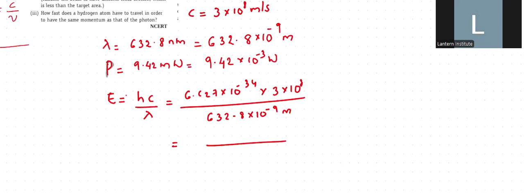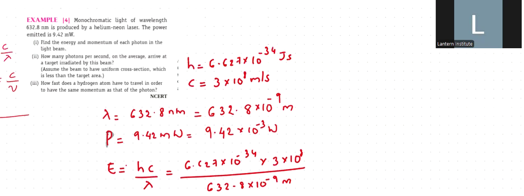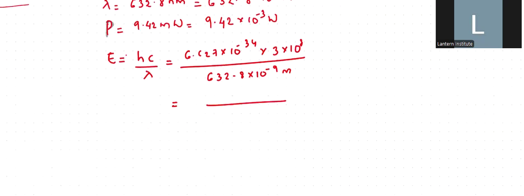Next, they're asking the momentum of each photon. Momentum, small letter p, is equal to mass into velocity. But there is no velocity given in the question. So to find the momentum, you have to know an equation: P is equal to h divided by lambda.